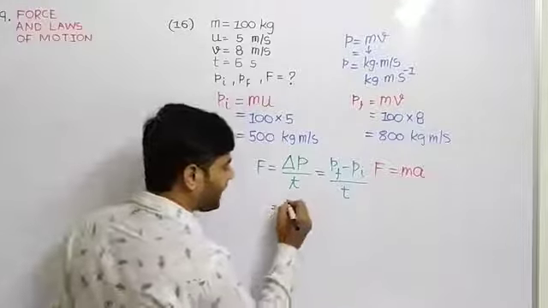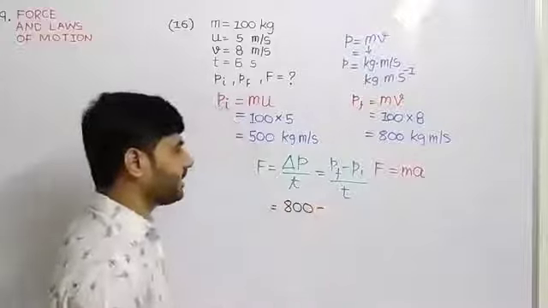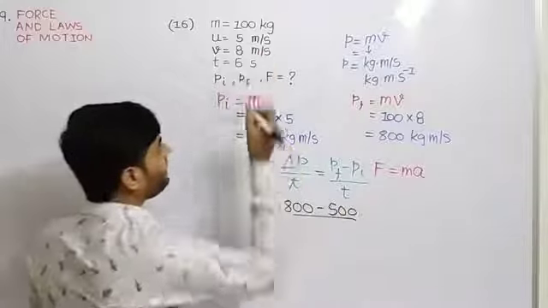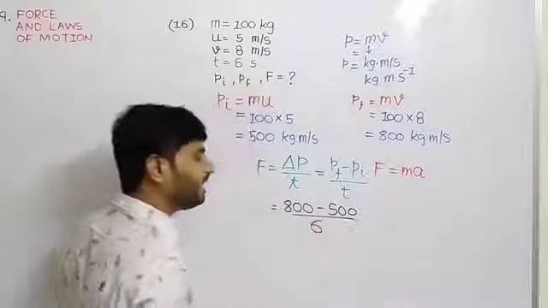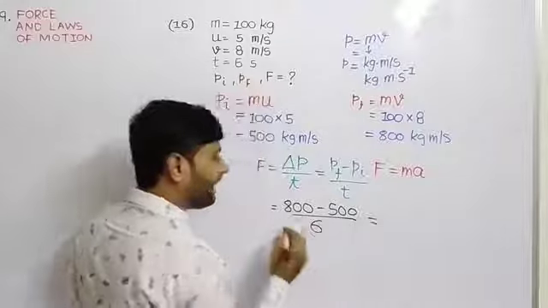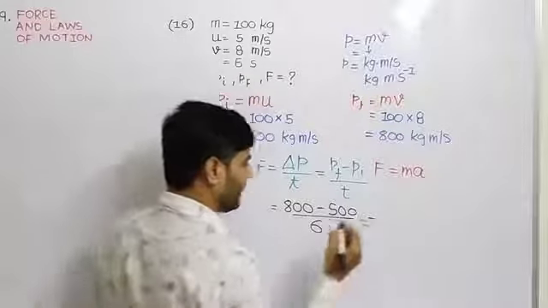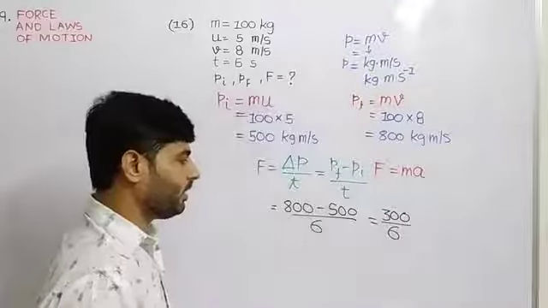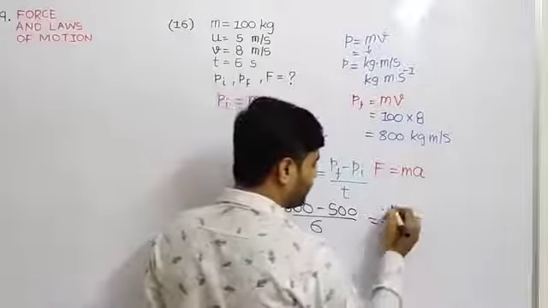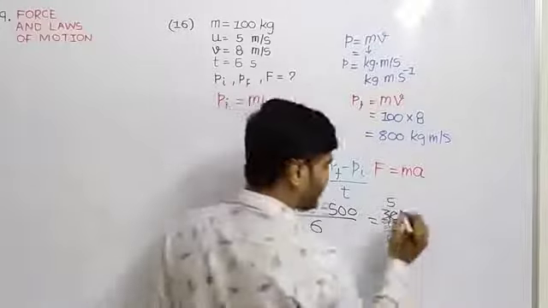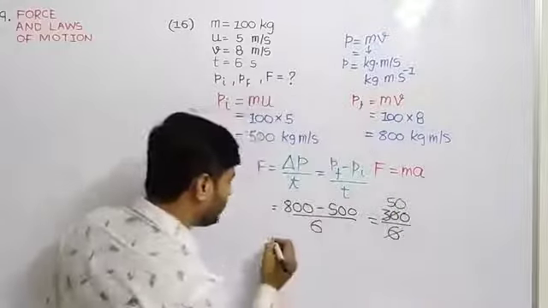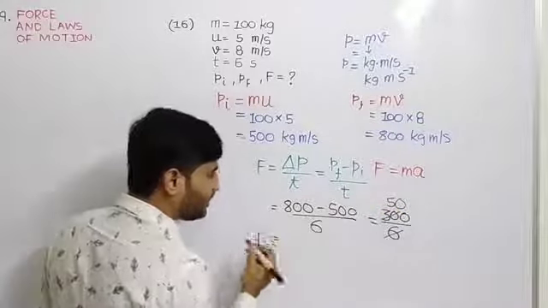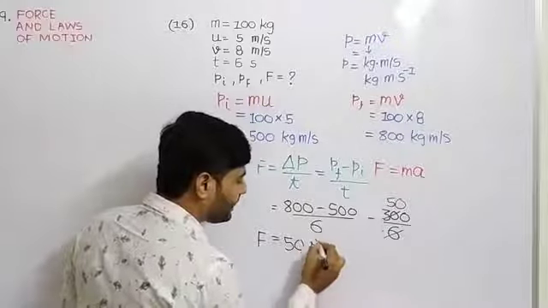Pf is 800 minus Pi is 500 divided by time taken is 6 seconds. So I have 800 minus 500, that is 300 divided by 6. So 6 5s are 30. So 5 0, 50. So F is equal to 50 Newton.